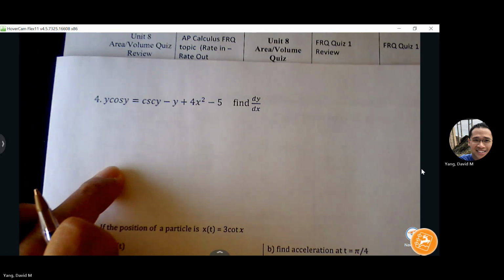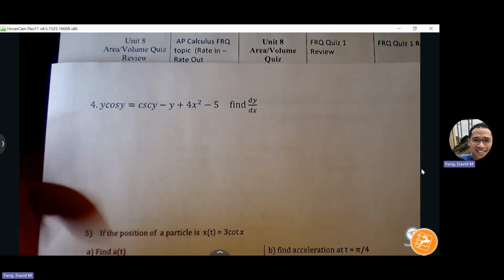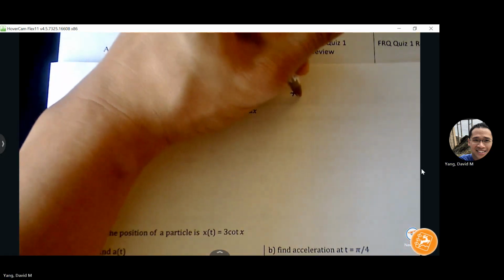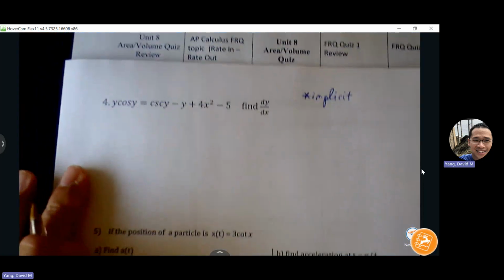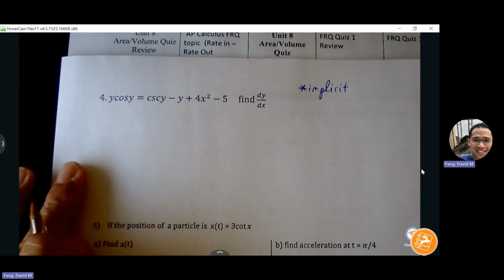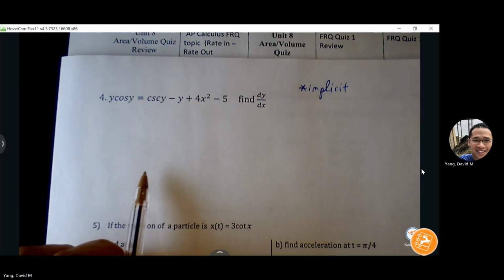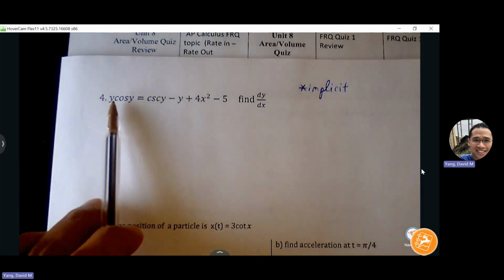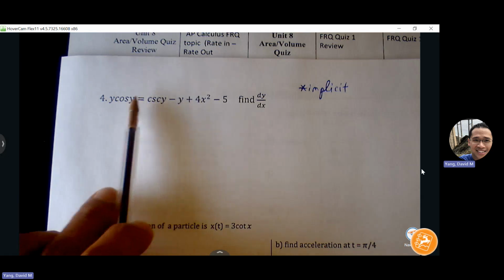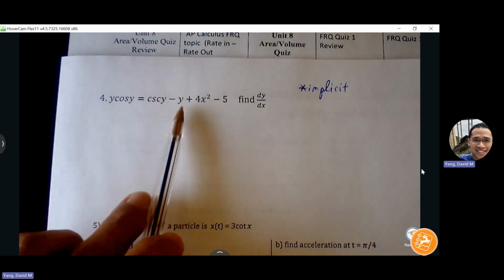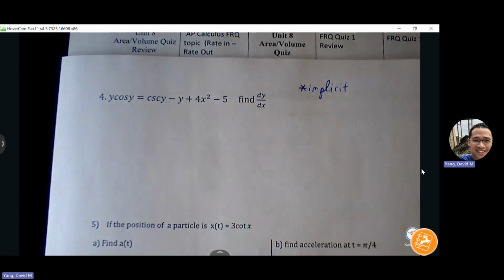What do you see with number 4 here? Implicit, okay. How many dy dx's do we expect to pop up? 4, right? You have y, there's 1, 2, 3, 4 times when y shows up, so we're expecting 4 dy dx's.